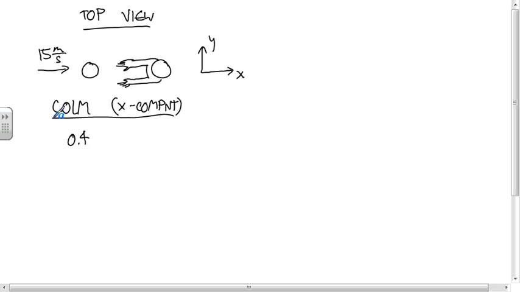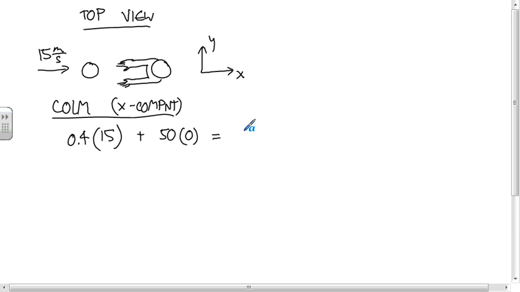What's its velocity before the collision? Yeah, positive 15. Plus the mass of the person times his velocity before the collision, 0. And that's equal to, we'll just add up the two masses.